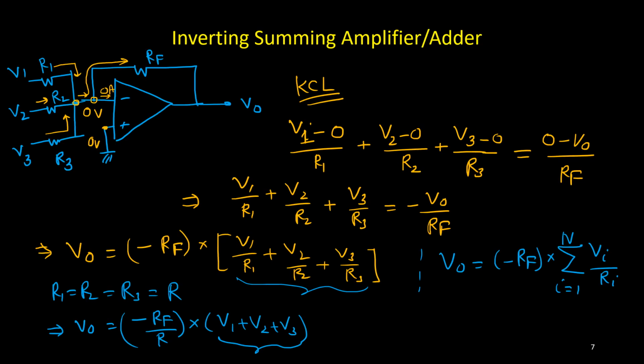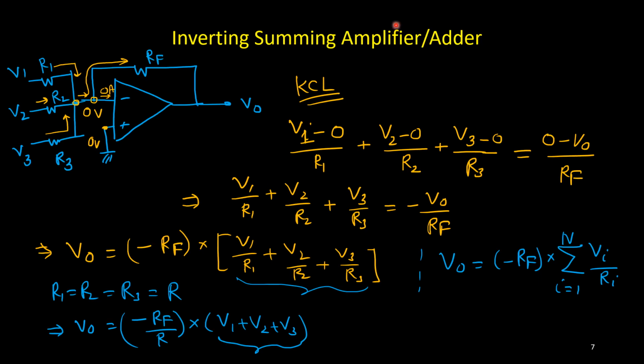Okay, so if I want to add simply, then we have to keep all the resistance values the same. Then we will get the gain. You see the gain again. This is the gain, minus RF by R, the inverting amplifier gain. So that gain is multiplied with the summation. Thus it is called an inverting summing amplifier.